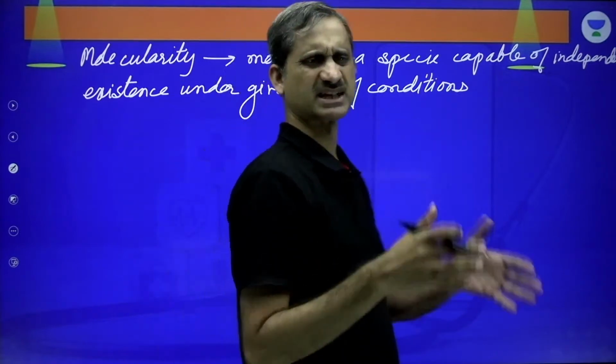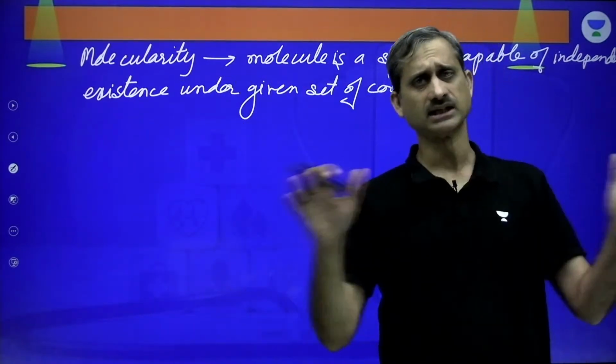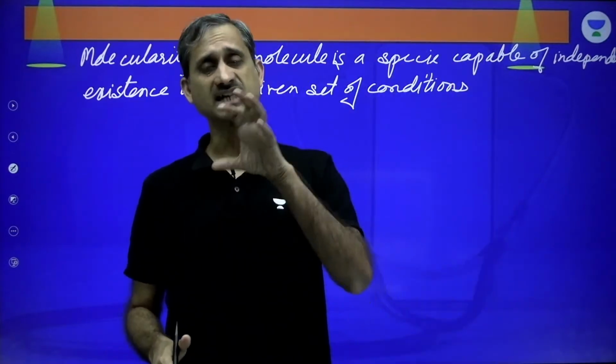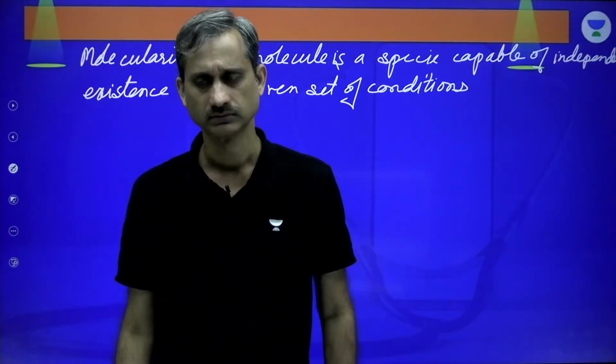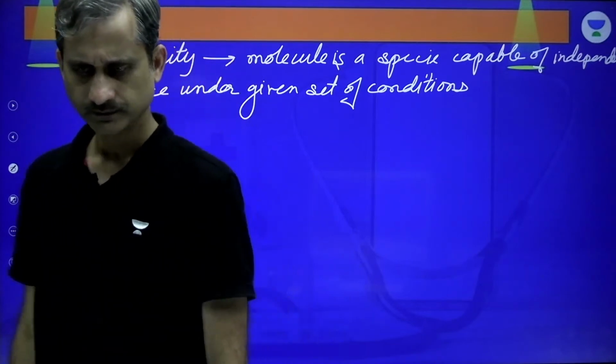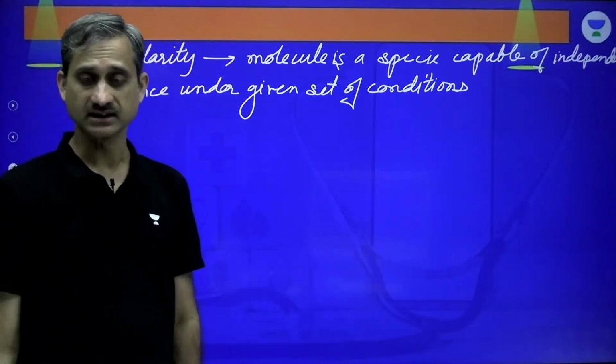Now we specify a given set of conditions. These are the conditions that we have, and any species which has the capacity to have its individual identity, that is capable of existing individually, is termed as a molecule. Fine. So that is what we term as a molecule.